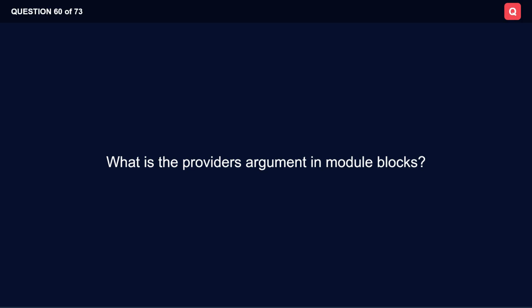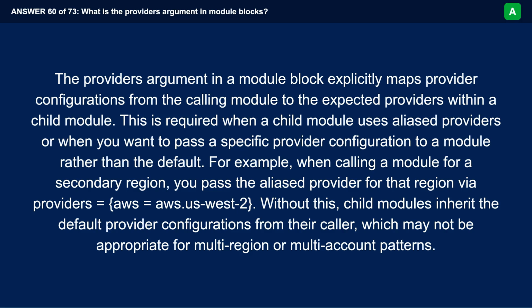What is the providers argument in module blocks? The providers argument in a module block explicitly maps provider configurations from the calling module to the expected providers within a child module. This is required when a child module uses aliased providers, or when you want to pass a specific provider configuration to a module rather than the default.